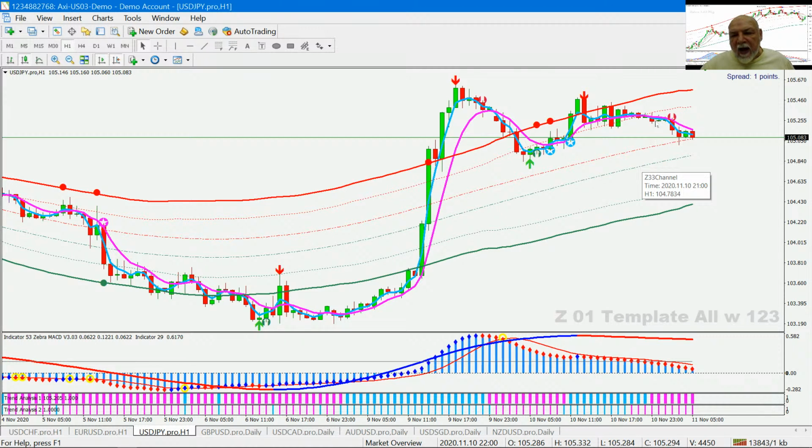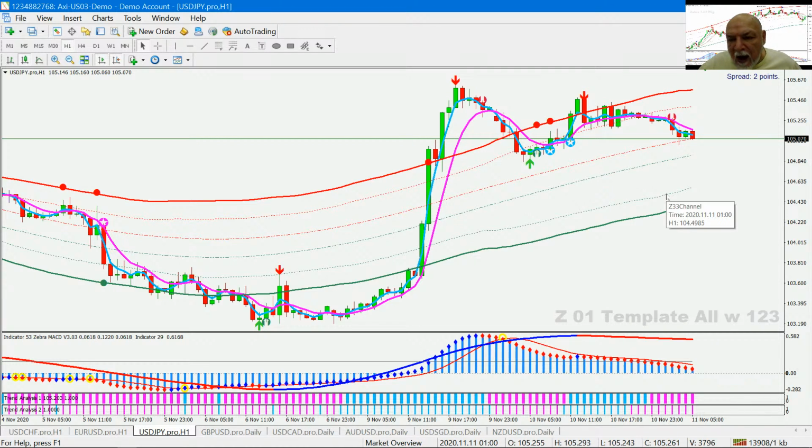Now, like I said, I like to take trades when everything shows up in an upper or lower band. When that happens, the risk is much smaller, and my target would be the opposite band.